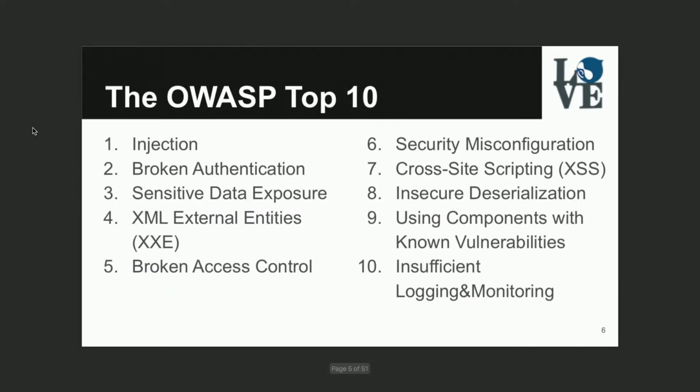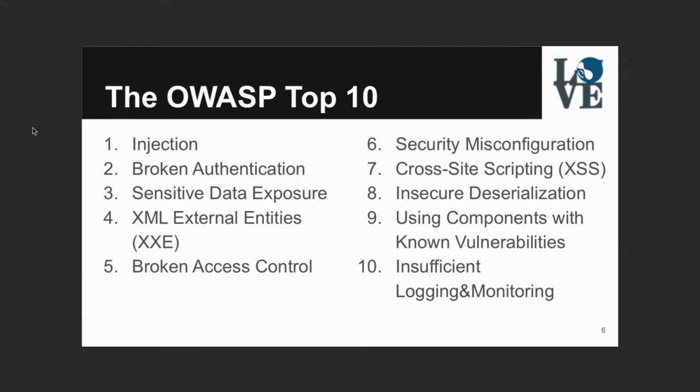Let me pause here and say, I don't have a slide saying this, but the ordering and the things that are in the top 10 are based on their importance to web applications in the world today. They build this top 10 by surveying people who run web applications or websites and asking them: what kind of attacks are you seeing?